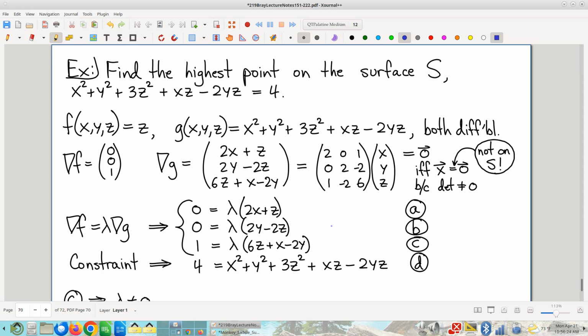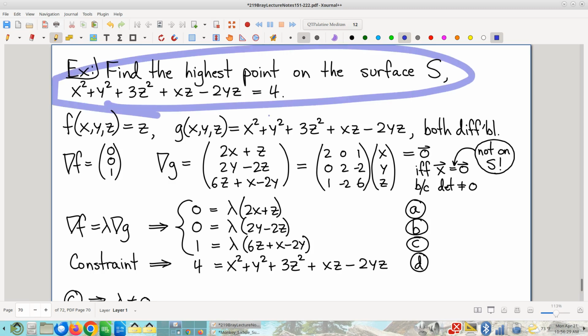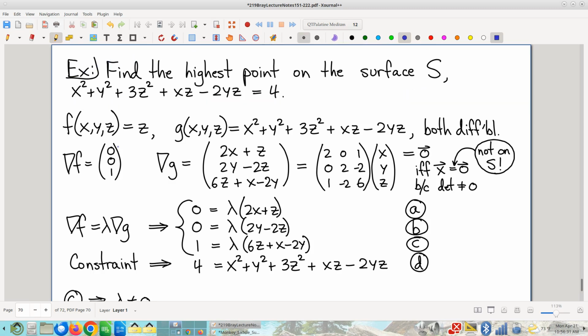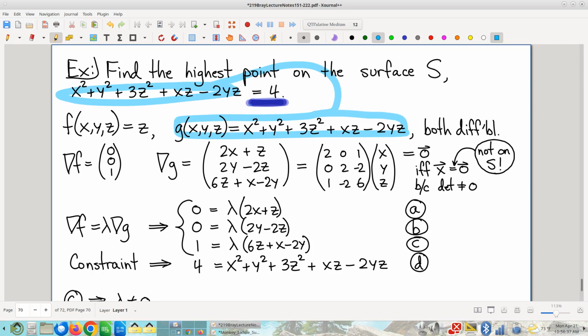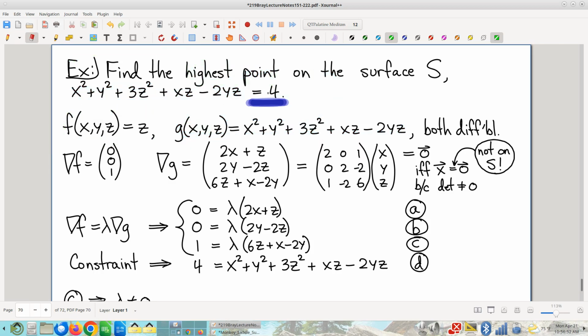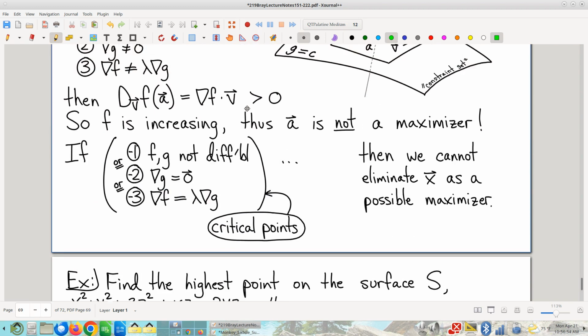So here we go, a constrained optimization problem. We're looking at a level set of this function, so there's my constraint function. I'm looking for the highest point. Highest point means that I want to make z as big as possible. So z is the thing I'm trying to maximize. And now we play the game. We've got f and g identified.